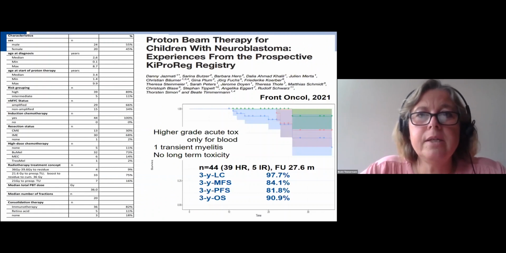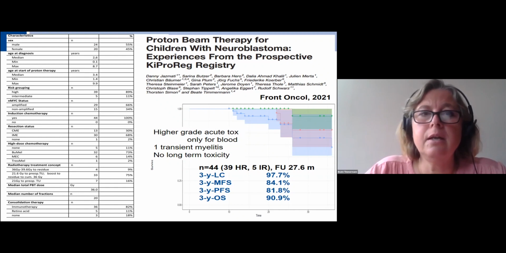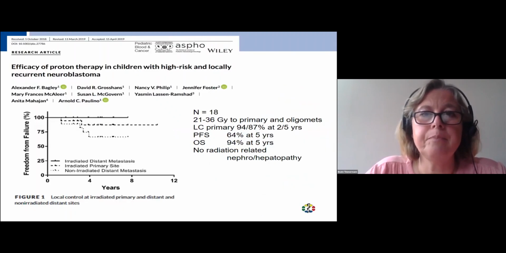Another paper from our institution on 44 patients with mainly high-risk neuroblastoma displays similar findings. Higher grade acute toxicity was only seen for blood. There was one transverse myelitis after combined immunotherapy, but no long-term toxicity so far, but of course still a limited observation time.